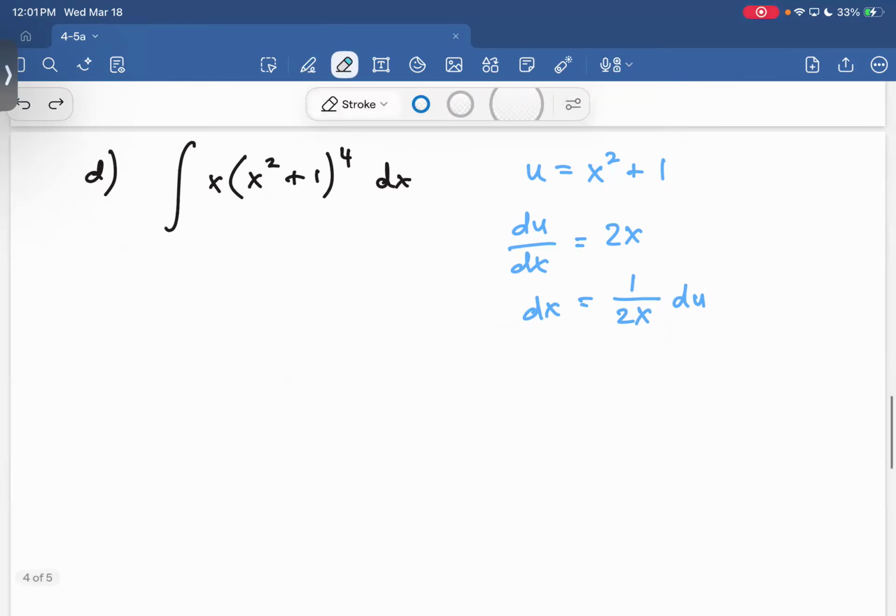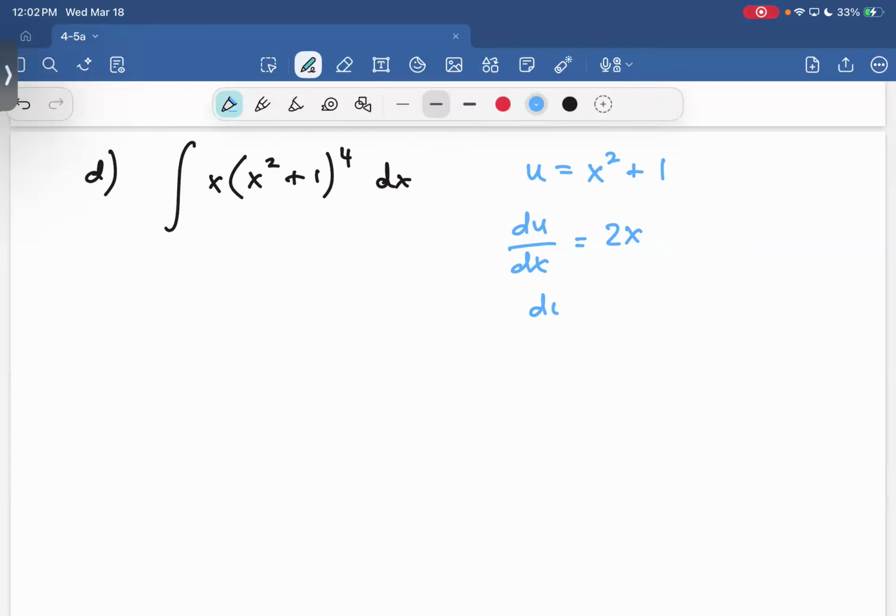I'm just isolating dx. If I show more steps, I'm bringing du/dx to the right side. So du equals 2x dx, which means that dx equals 1 over 2x du.